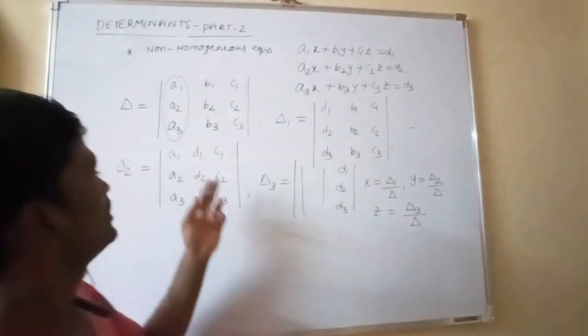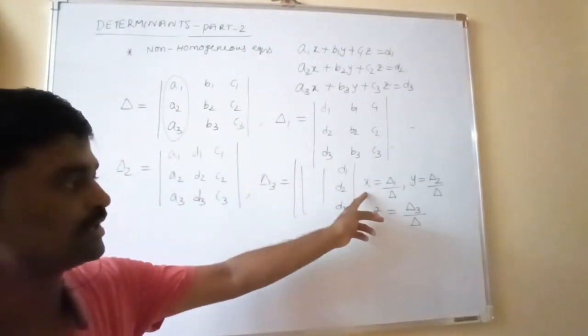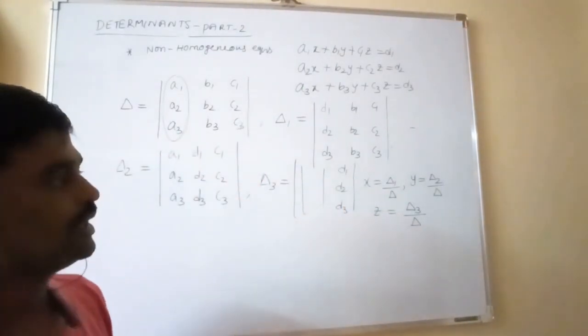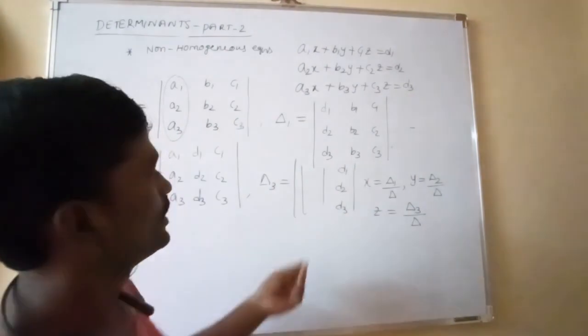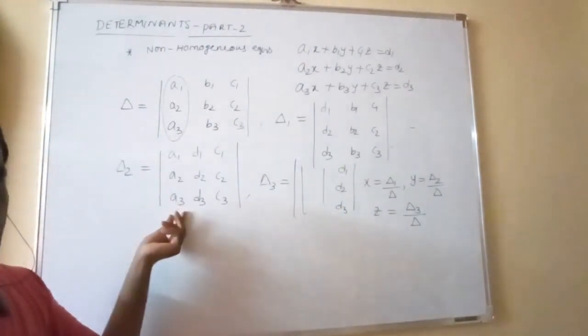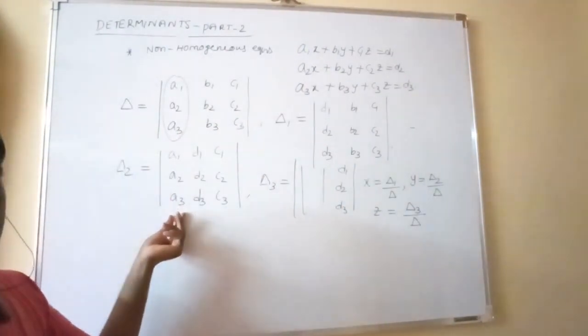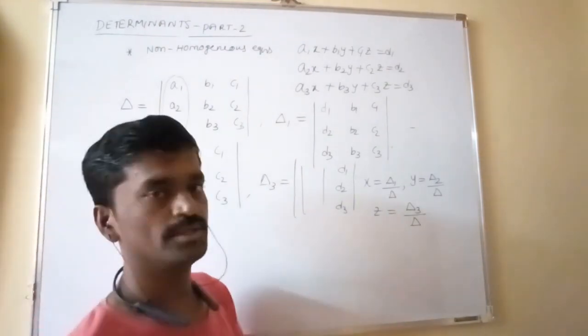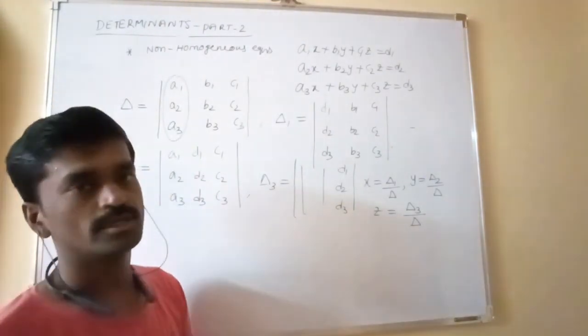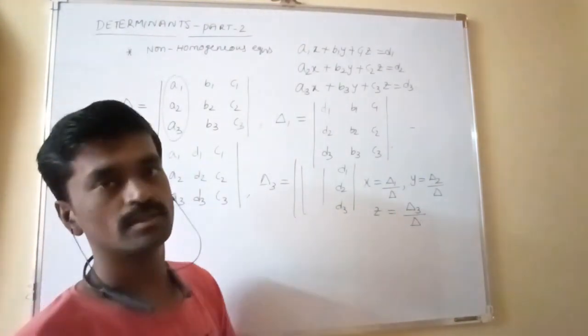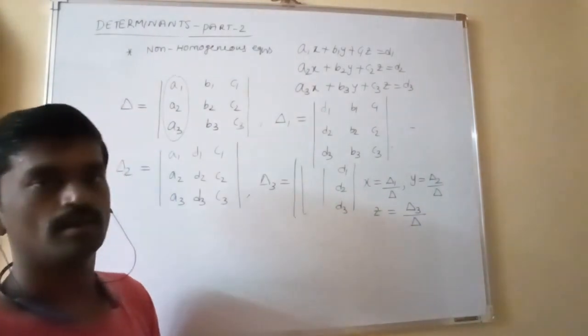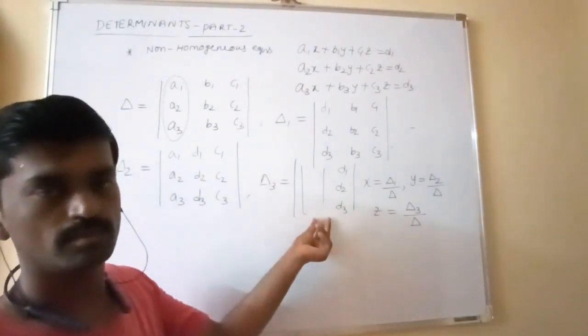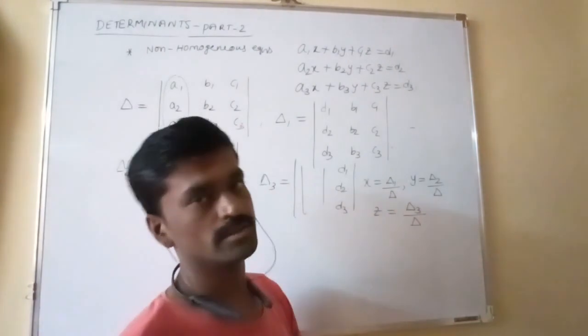Numerator expression is the same as delta 1 in case of x, denominator is delta. In case of y, numerator is delta 2, denominator is delta, and for z numerator is delta 3, whatever determinant value you get by expanding it, denominator is delta.